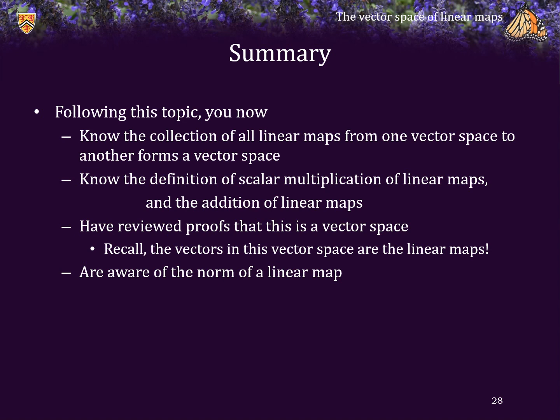You've reviewed proofs that this is a vector space by seeing that all 10 axioms are true for this definition of vector addition and scalar multiplication of linear maps. And again, you will recall that the vectors in this vector space are the linear maps themselves. You are also aware that there is a norm on linear maps, or at least a potential norm.